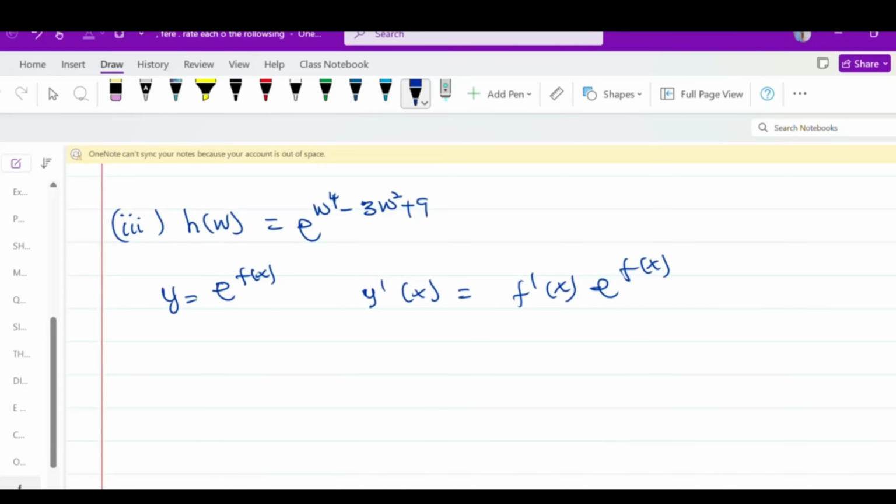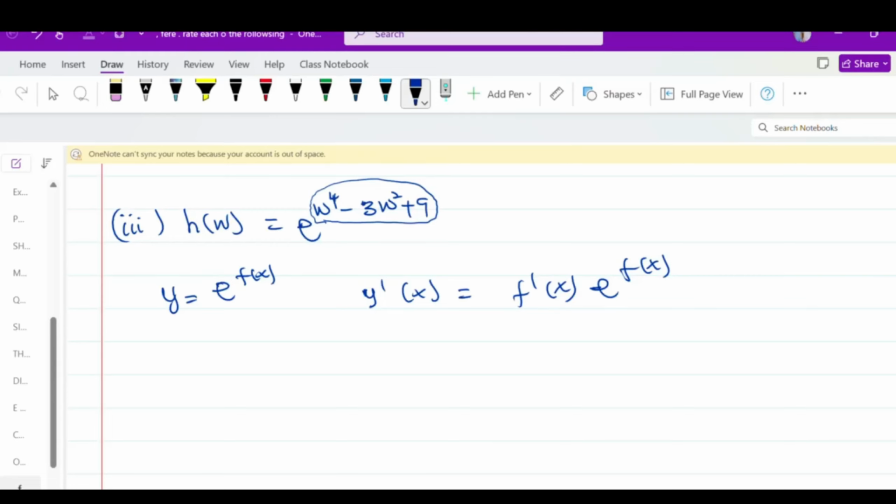So what you're going to do here is to differentiate the function which is the exponent of the e. Then we multiply it by e carrying the original exponent which was given to us.